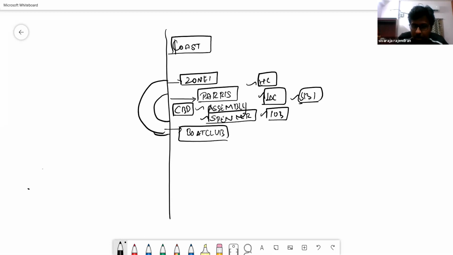They are in this Boat Club area. There is also an IAS coaching institute by Tamil Nadu, for people who are studying for the IAS exam. They have something like a hostel with food and everything. That is in a region near the Boat Club.